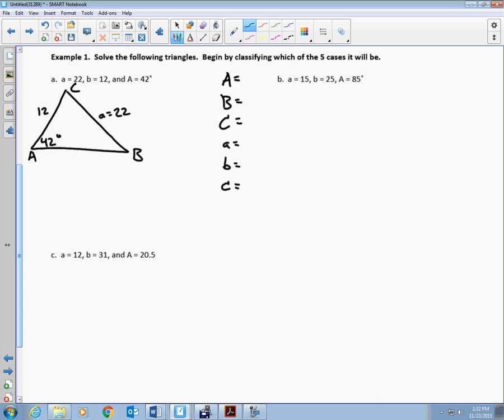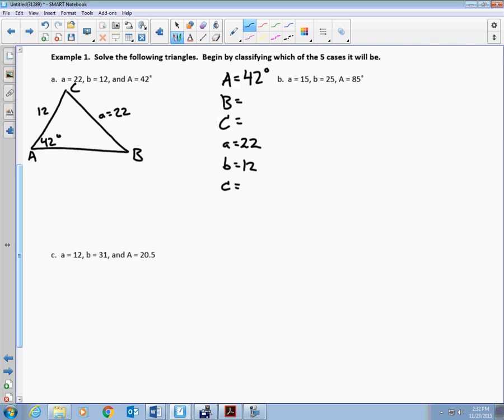Okay, so my angle A is 42 degrees. And then my side a is 22. Side b is 12. Which of the 6 is this? Angle-angle-angle, angle-angle-side, angle-side-angle, side-side-angle. Which of the 6? Side-side-angle, because you have a side, and the angle is not included.